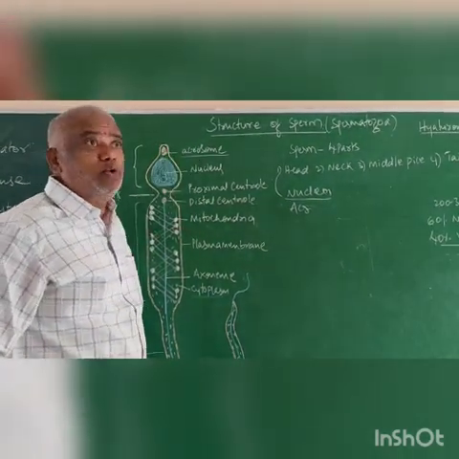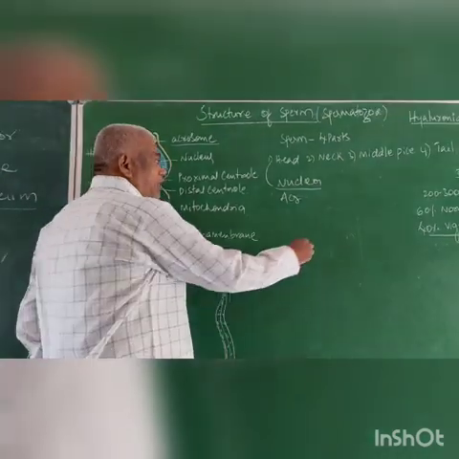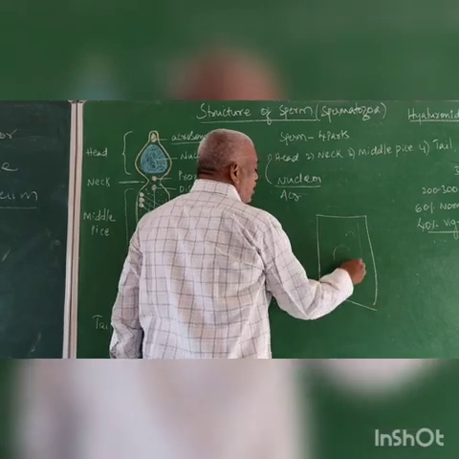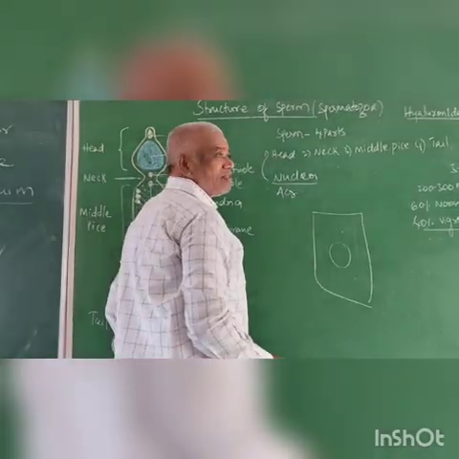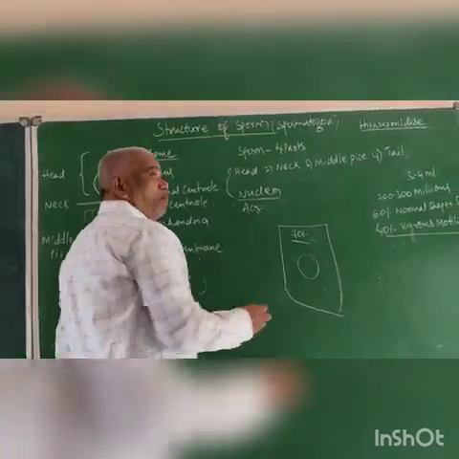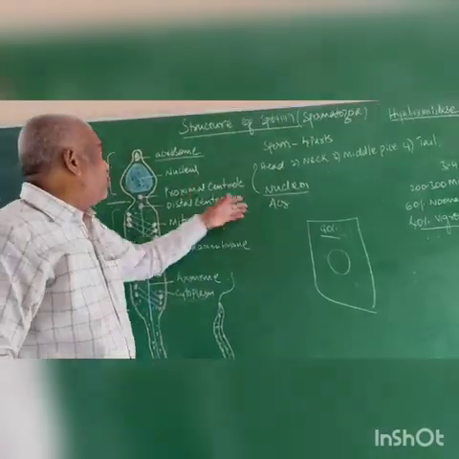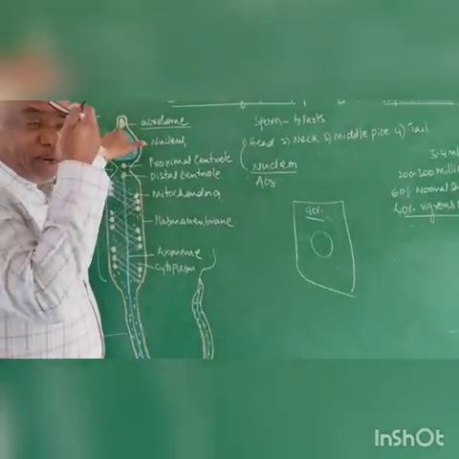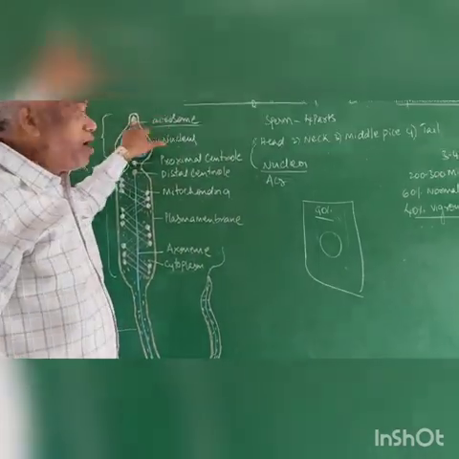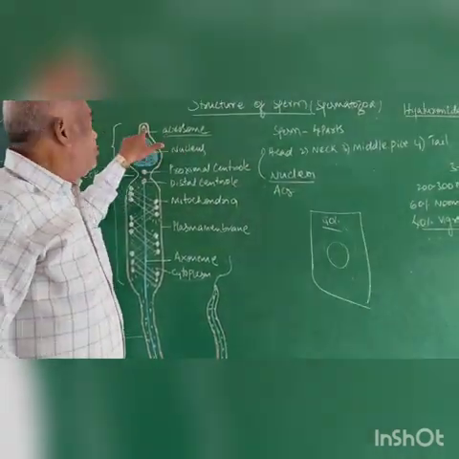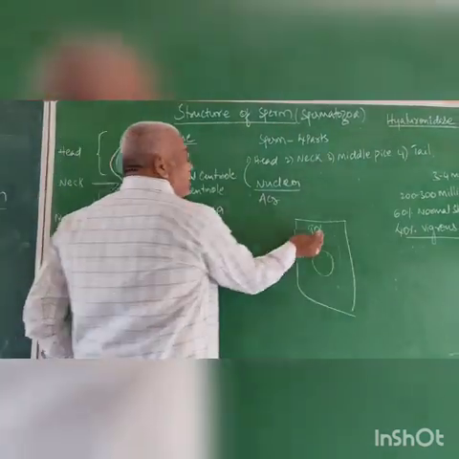If you take a normal cell, there is a nucleus and some cell organelles, such as the Golgi complex. This Golgi complex undergoes modification and is called the acrosome, the modified Golgi complex in the sperm. This acrosome contains enzyme.